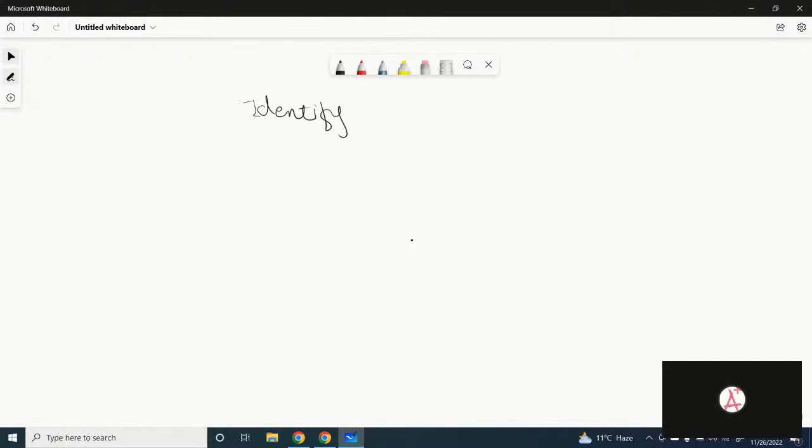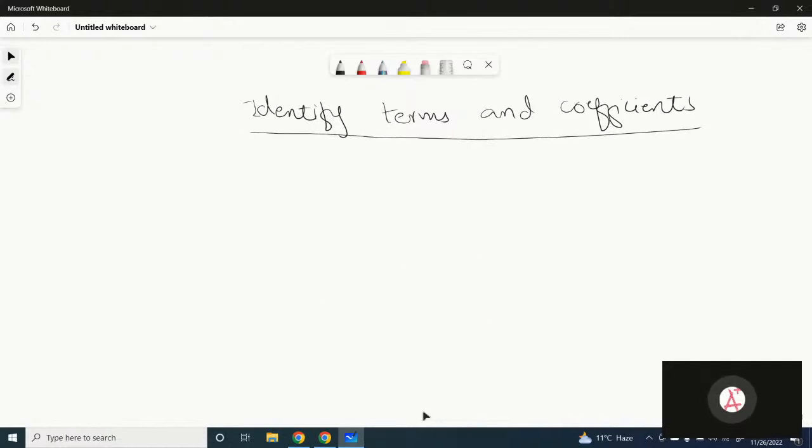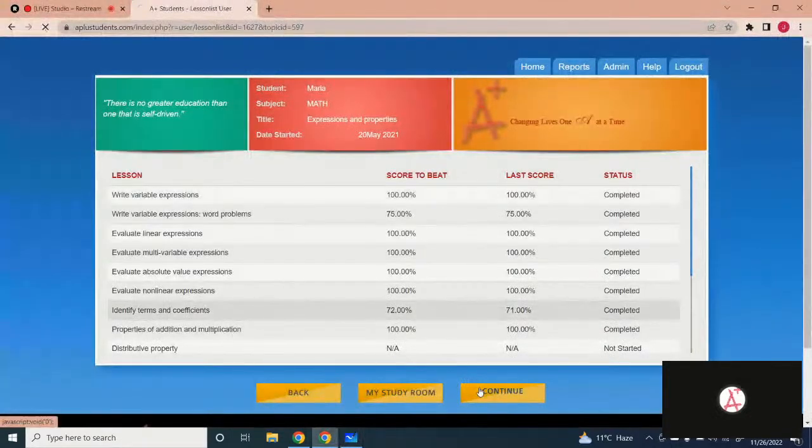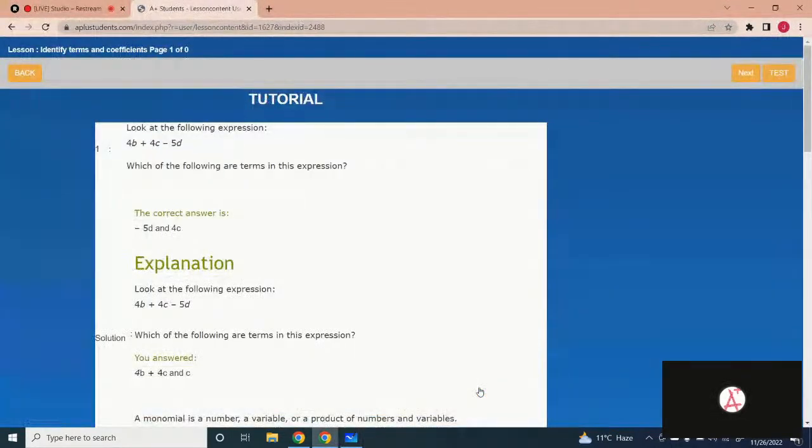Identify terms and coefficients. Got it. So let's just start with the next lesson, that is identify terms and coefficients. Okay.